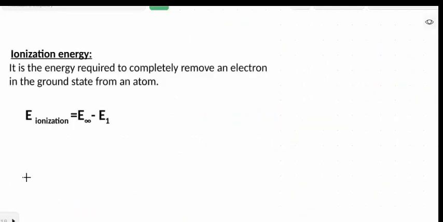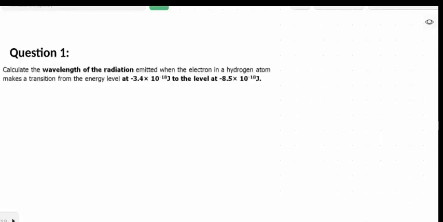Okay. Now the last thing I will explain is the ionization energy. Ionization energy is the energy required to completely remove an electron, which is in the ground state, from the atom. Imagine here I have an atom, and around it you have energy states, till infinity, E infinity.